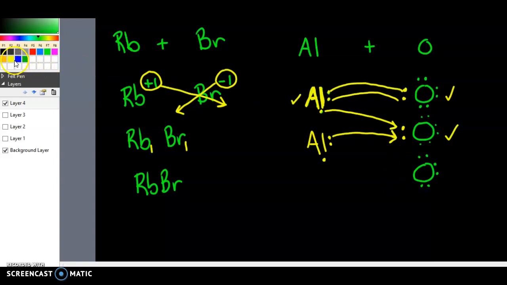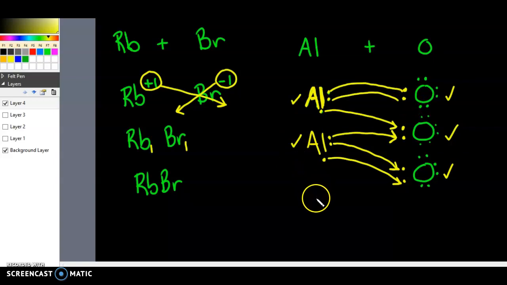It's missing 2. I'm going to take 1 from this aluminum, put it there, 1 from here, and put it there. I now have 1, 2, 3, 4, 5, 6, 7, 8 on this oxygen, and I have gotten rid of all 3 on this aluminum. All of my atoms are now stable. They've gotten rid of all of their extra or filled in all their missing spots.